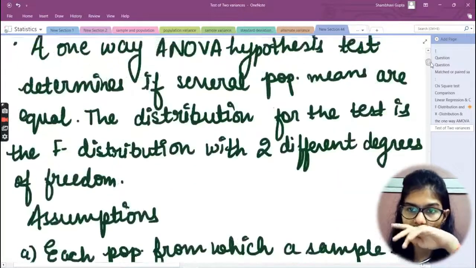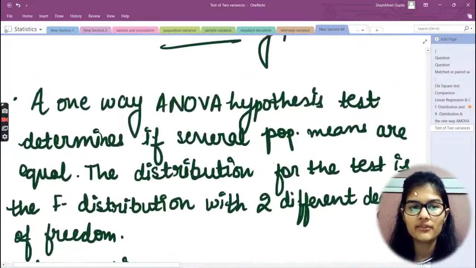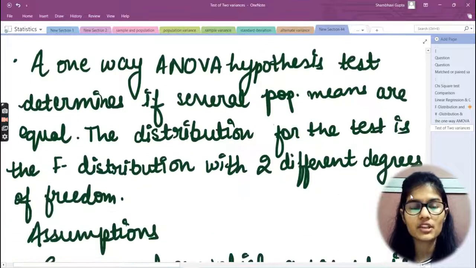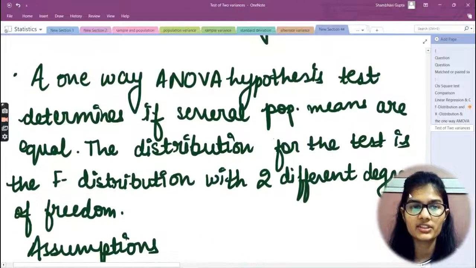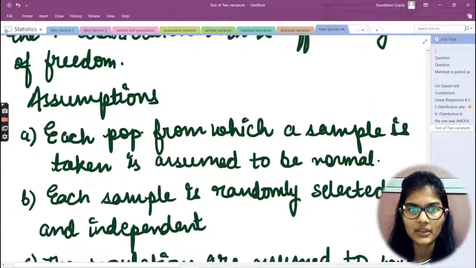Now let me go above and give you a quick summary of whatever we studied for one-way ANOVA and the F distribution. A one-way ANOVA hypothesis test determines if several population means are equal. The distribution for the test is the F distribution with two different degrees of freedom.